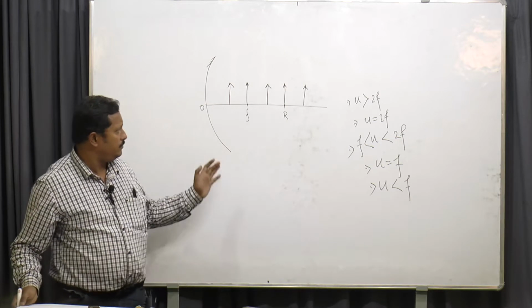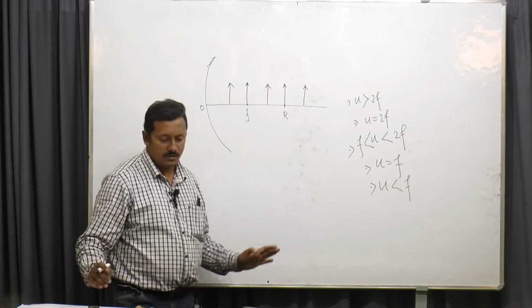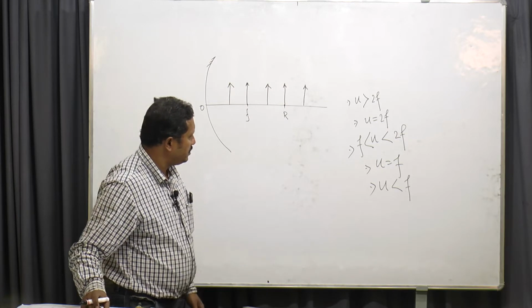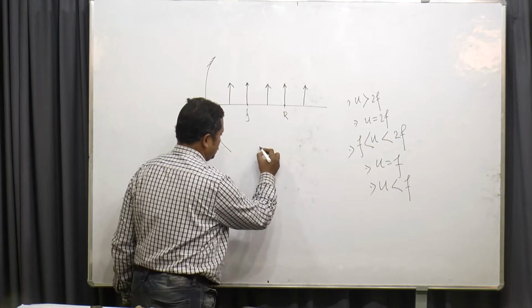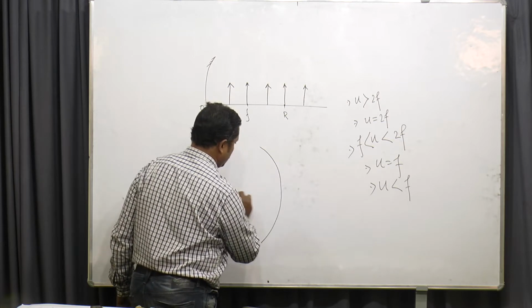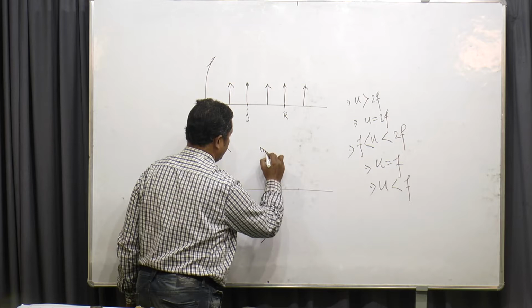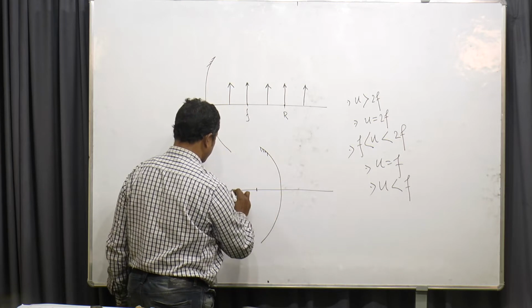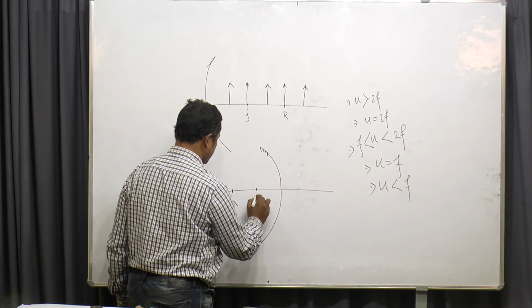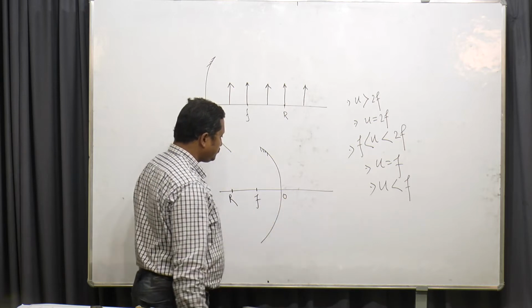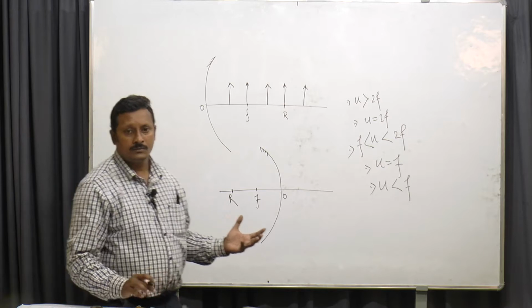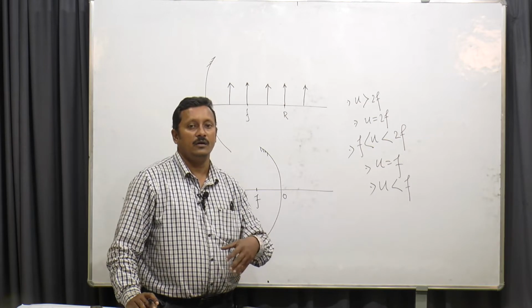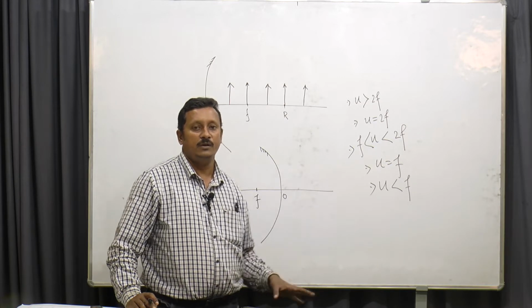On the contrary, if you go for convex mirror, wherever you put your object, you see convex mirror is like this one. You are having F, this is R, this is F, this is O. Now you cannot put an object inside the mirror.